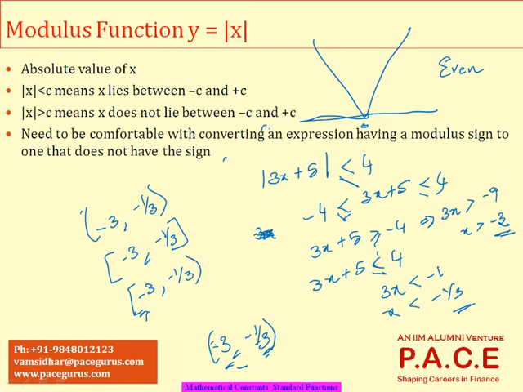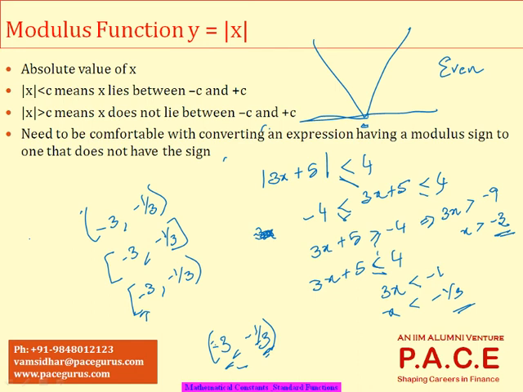So this is always a positive value, and as x keeps increasing, mod x also keeps increasing. These are some of the things we have to be comfortable with when solving modulus x related calculations.